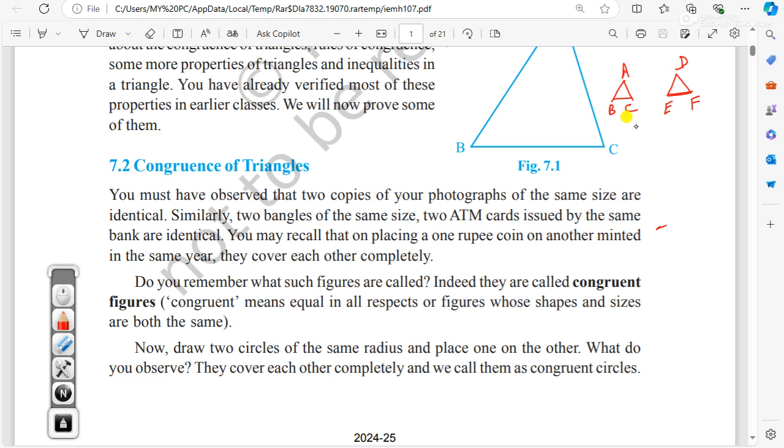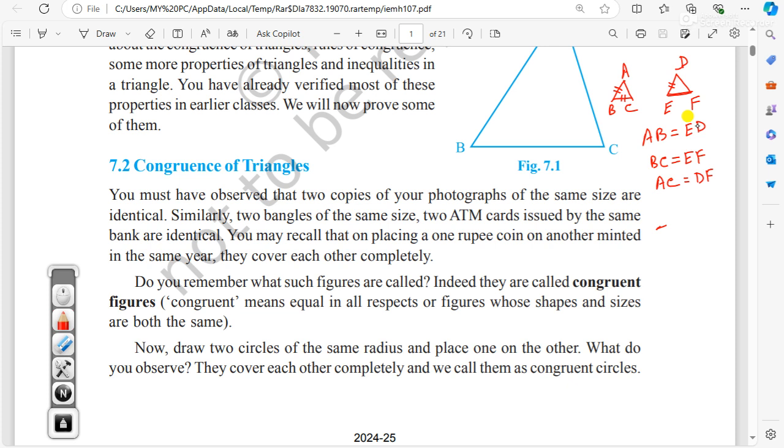What is the meaning of equal in all respects? That means their sides are the same. This AB corresponds to this side DE, that means AB should be equal to DE. Not only that, the corresponding side BC should be equal to EF, and AC should be equal to DF.